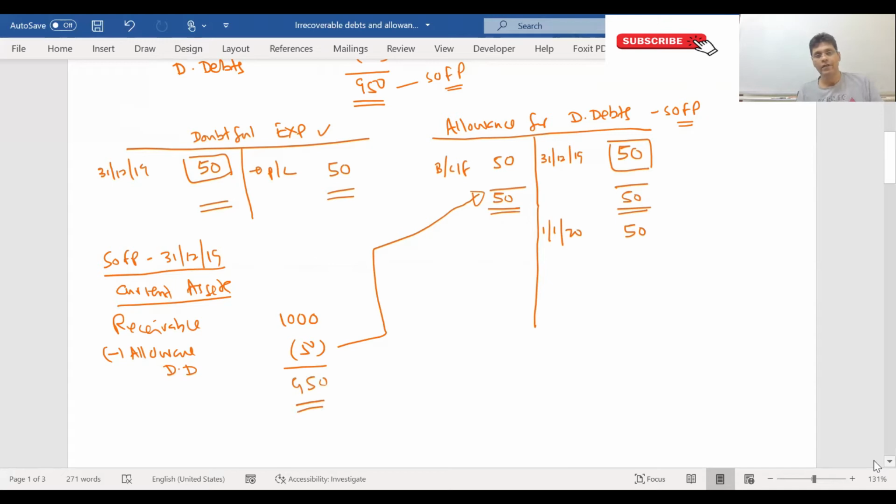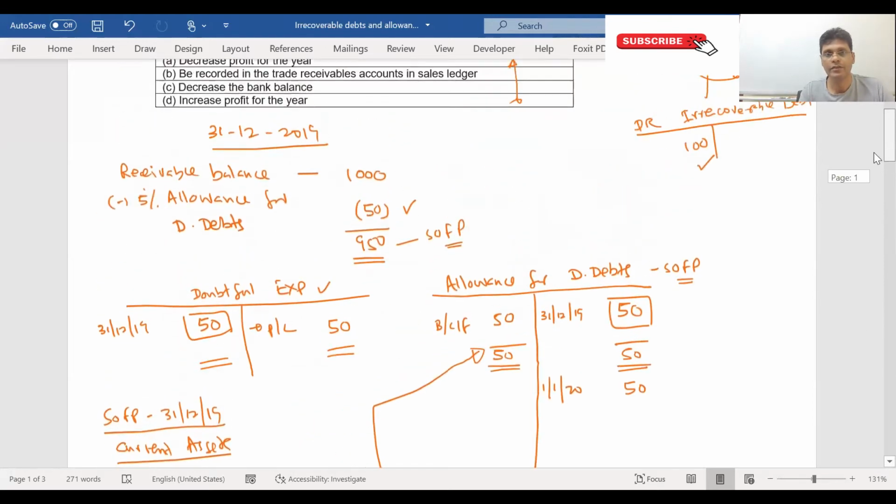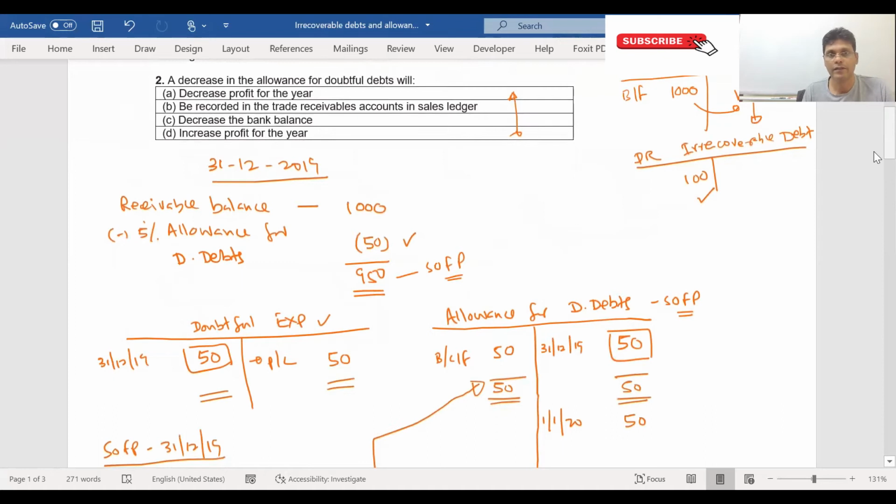Okay. Now, when you prepare, let's say, now let's take 31st December 2020 balance. The receivable balance, let's say the balance has reduced to 800 US dollars.